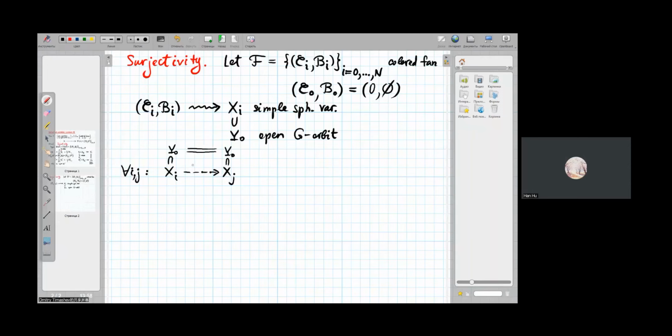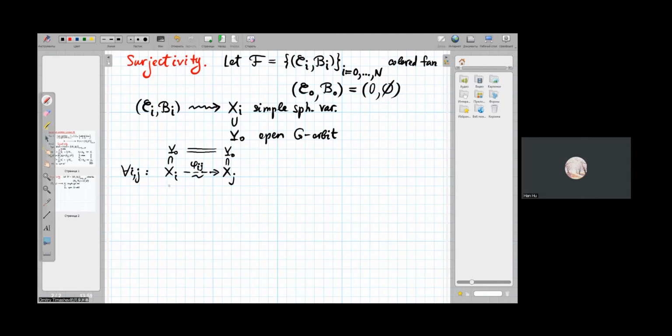So let me denote this isomorphism by phi_ij, a birational isomorphism. And we may consider the maximal open subsets in Xi and Xj, respectively, for which this birational isomorphism becomes a biregular isomorphism.